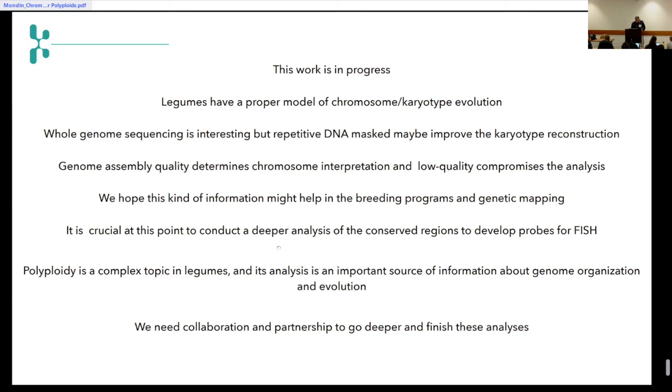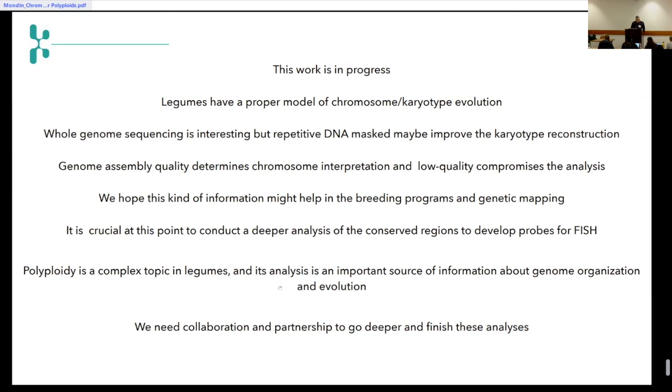Also, we hope to develop some probes to make FISH in very distant species to check if this information from computer analysis is true, and we can confirm this in the samples using the chromosomes.